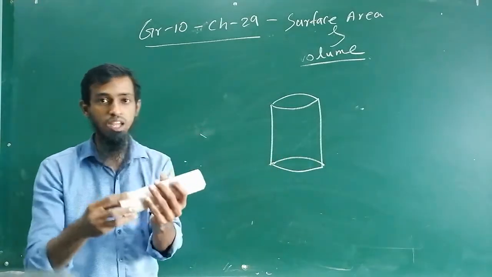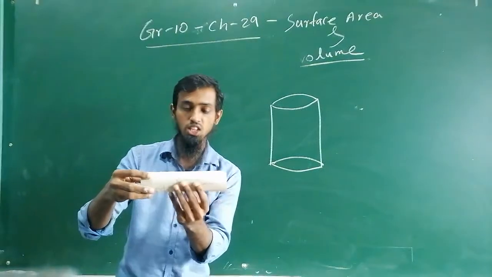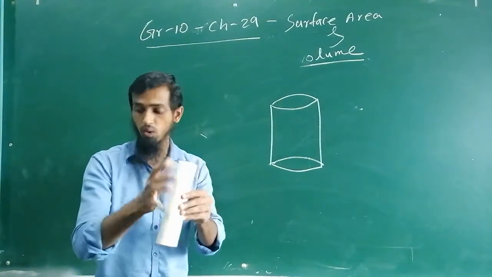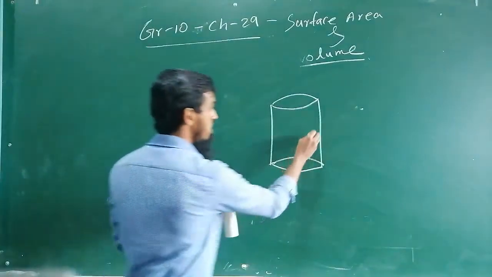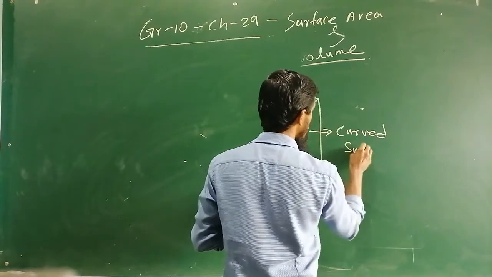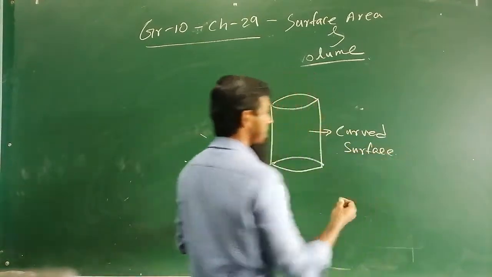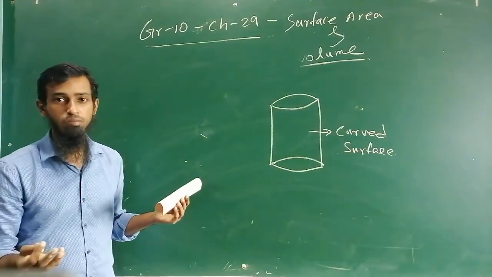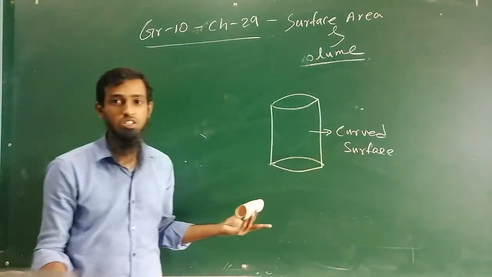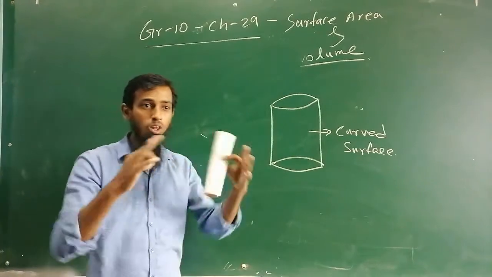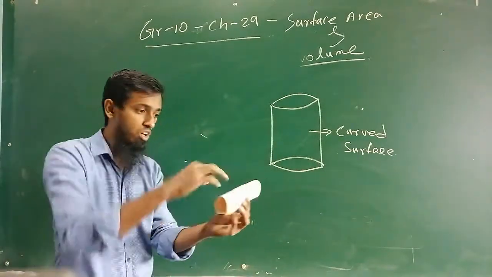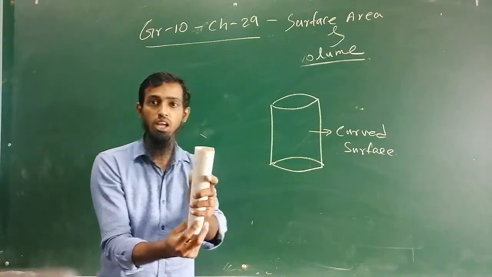When you look at this cylinder shape, we have a curved surface. This area we are going to call the curved surface. It is not any plane figure, and we will come to that later. We can discuss the curved surface later because I said all the surfaces of a solid shape are plane figures, but this does not look like a plane figure.